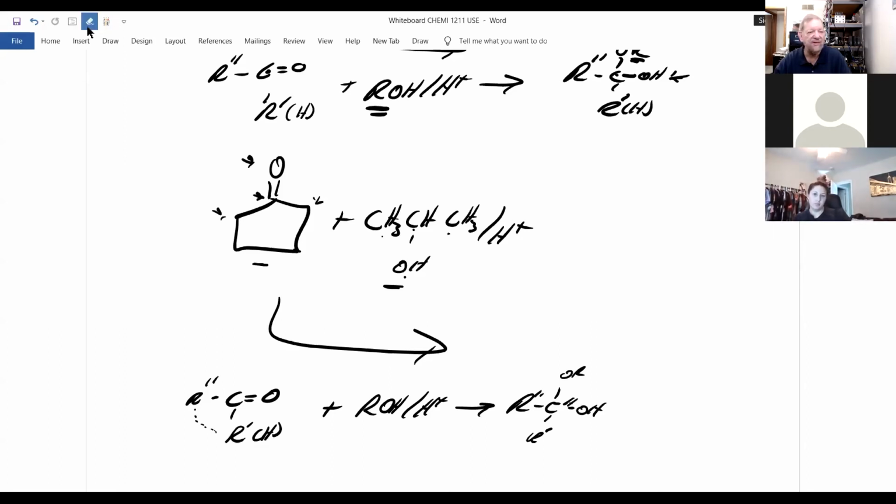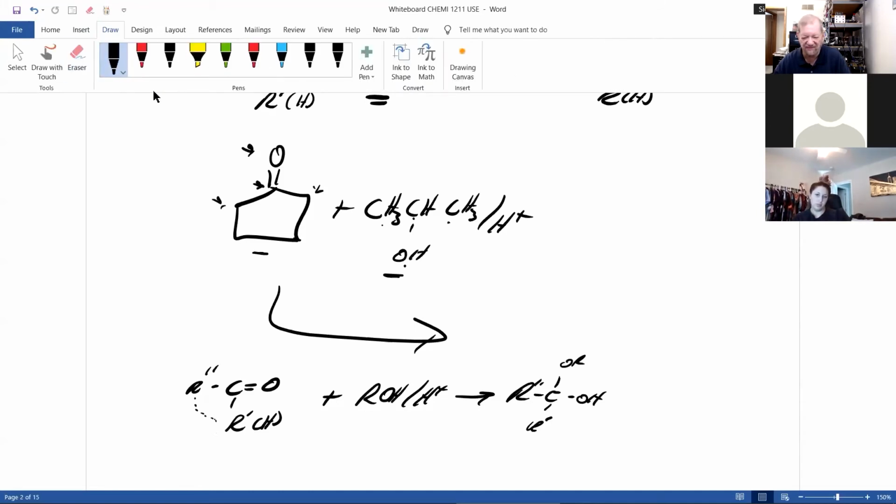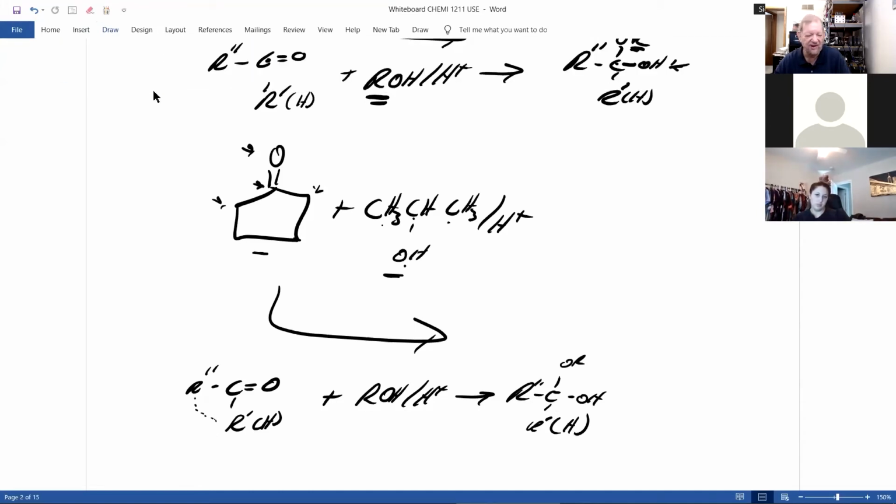Oops, got carried away with my primes. I sometimes do that. And keep your eye on the carbonyl carbon, what's attached to it, still attached to it. You have now a hydroxyl group, oxygen, and R group. What's my R group? Here, my alcohol.